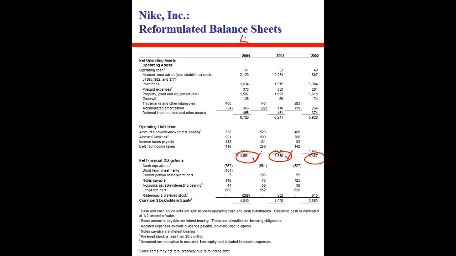So is the change a positive number or a negative number from 2003 to 2004? And how much is the change? Can you calculate it? 4,551 minus 4,330 is 221.